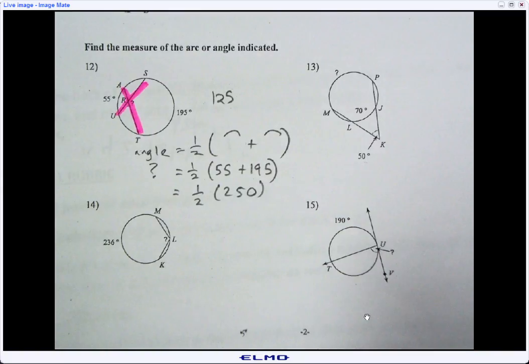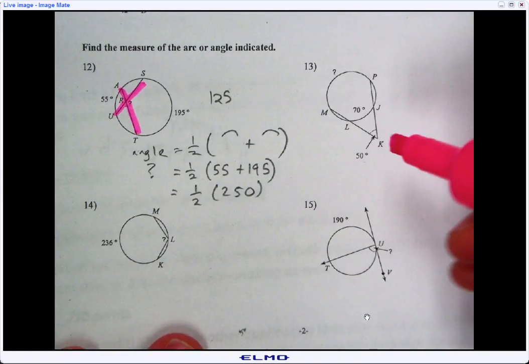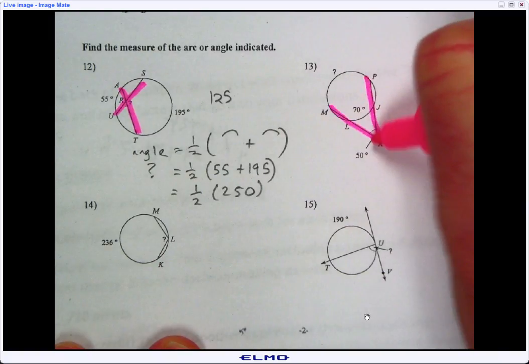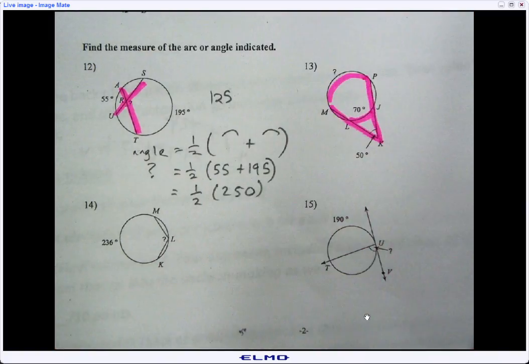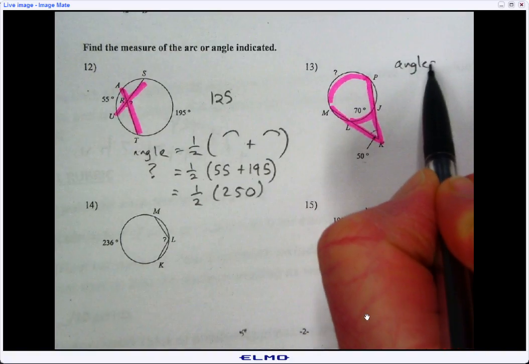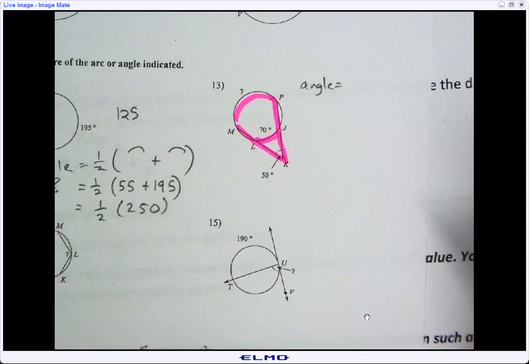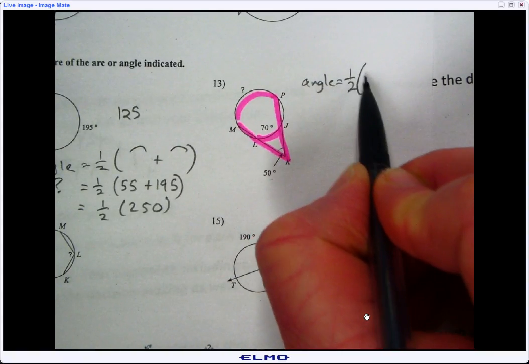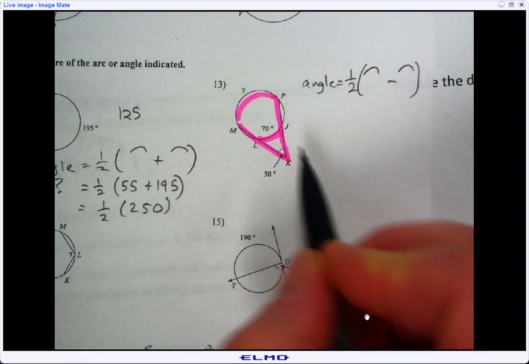Okay, go to 13 on inside, outside. It's outside. So there's the angle. Here's the two arcs that we're talking about. So angle, I'm writing it with an equal sign, not just plugging stuff in. Angle equals half arc minus arc. So this time I know the angle.